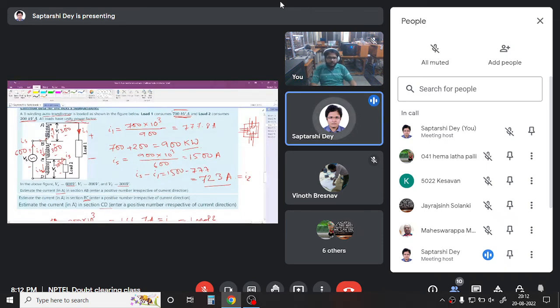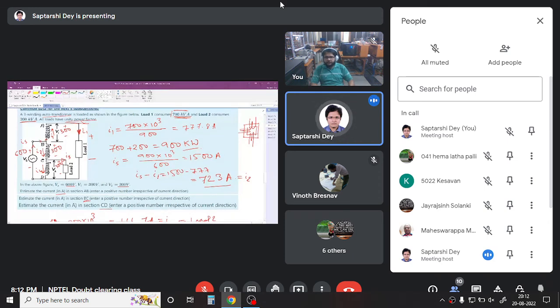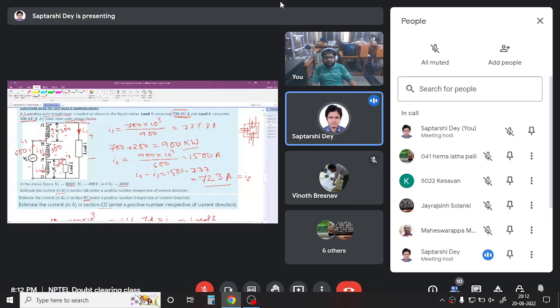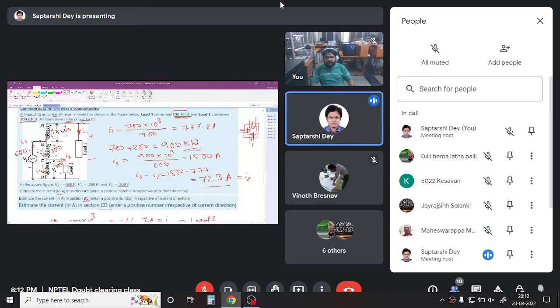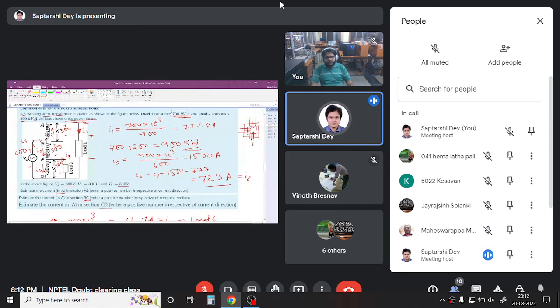So the total is 900 kilowatt. And there is only one power source here, so this itself is giving away the 900 kilowatt. The supply voltage Vs is given as 600 volt. So the current will be 900 kilowatt by 600 volt, which comes out to be this.